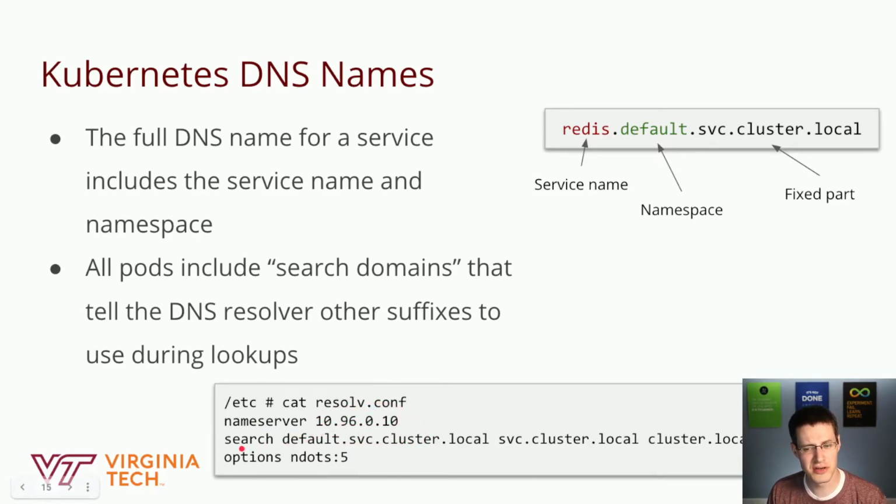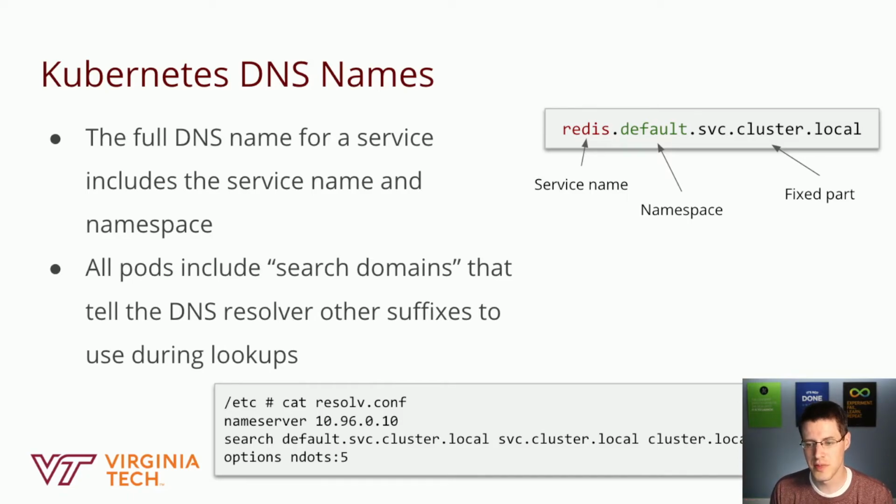But then also these search domains tell the DNS resolver, whenever it's trying to connect, here are other names to look up. So the first time that the voting app says, hey, resolve the name redis, well, redis actually isn't a valid name, and the DNS service says, I don't know what that is.